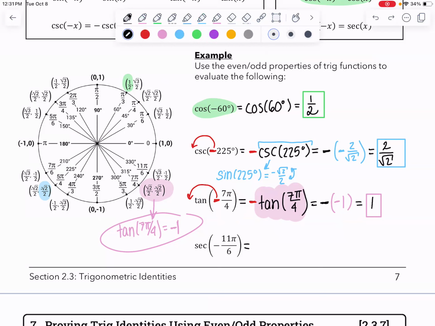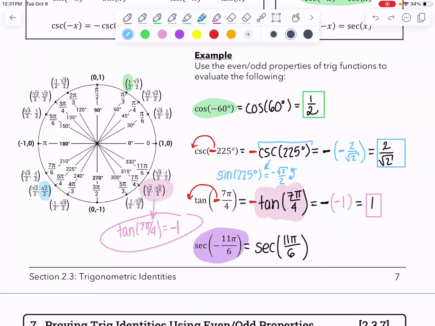All right, for the very last one, secant of negative 11 pi over 6. Secant is even, just like cosine, so that means the negative just doesn't mean anything. We can do secant of 11 pi over 6. And secant is the flip of cosine, so we look at the x value.